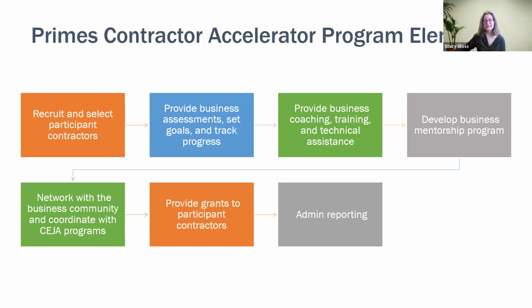The Primes program leads are going to be responsible for providing program services within their service areas, and there are 12 required program elements that are described in the Notice of Funding Opportunity, or NOFO.